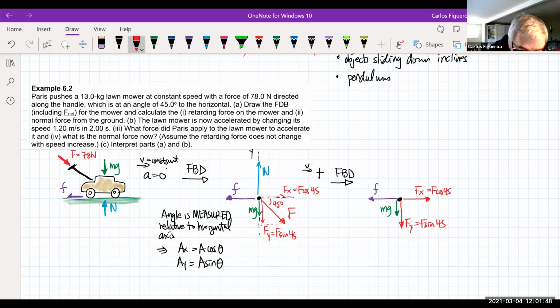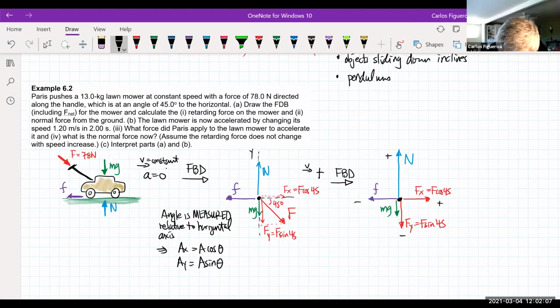Then because this is in equilibrium, I must have, if this is 2 and this is 3, this must be 3 plus 2. The force of the ground, the normal, must balance those out. That's what I mean by scaling this thing.